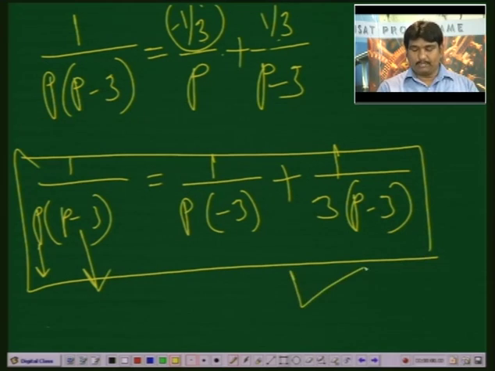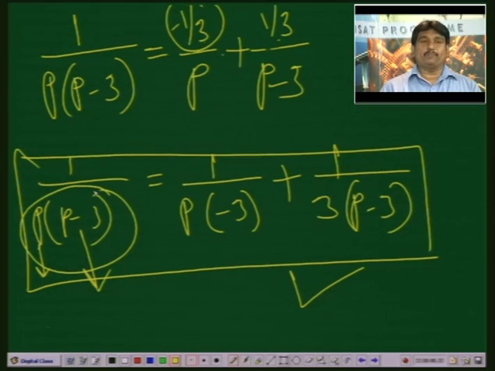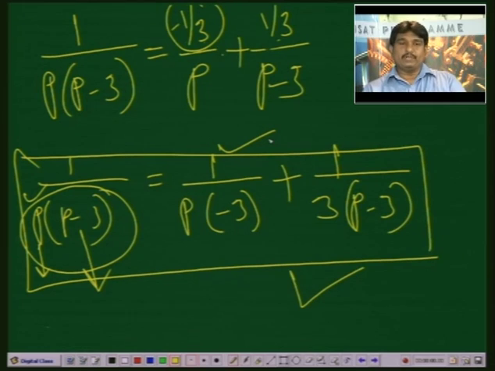But this rule is applicable only if the denominator of a proper fraction contains non-repeated linear factors, no p square, no p cube, no p minus 3 whole square. Only if it is a non-repeated linear factor: p is a non-repeated linear factor, p minus 3 is a non-repeated linear factor. In such cases, we can directly write its partial fraction as minus 1 by 3 by p.